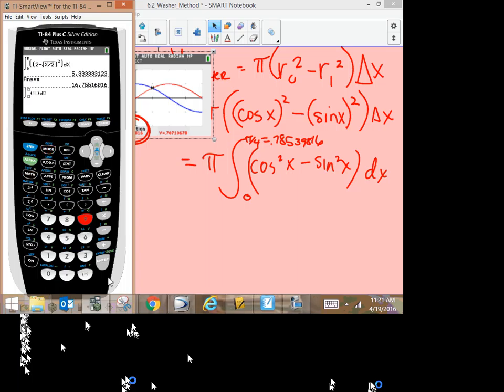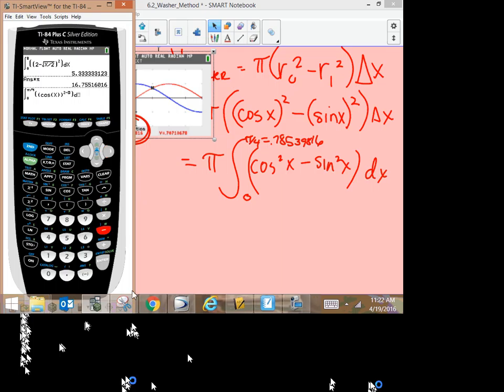I'll do pi over 4 first, and then I'll put that value in here. Now, be careful. I have to square cosine. The only way to do it is like that: square the cosine, don't square the x. There's cosine of x squared. The calculator invents another parentheses that you don't like, but do that.